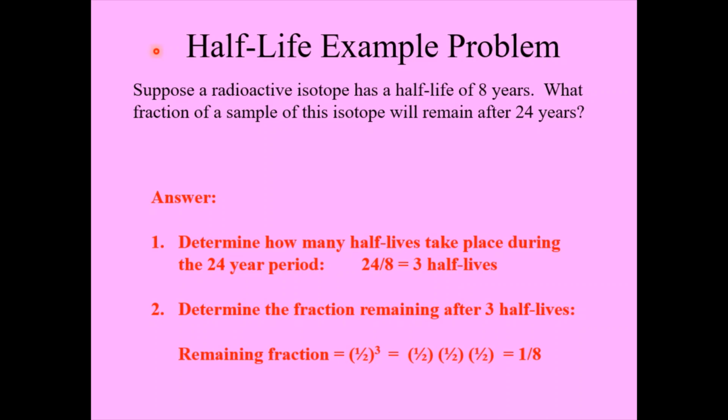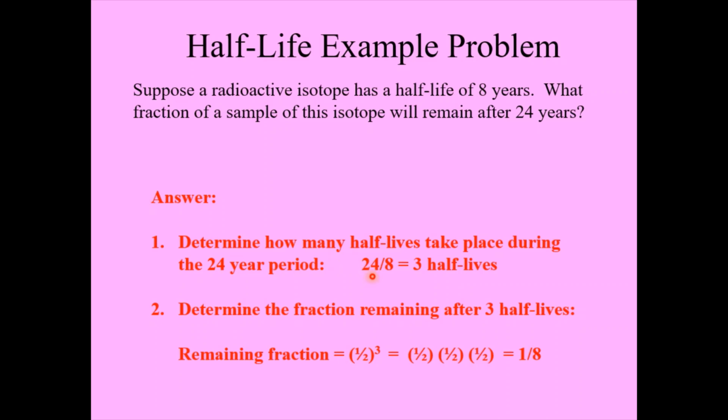So here's a half-life example problem. Suppose a radioactive isotope has a half-life of 8 years. What fraction of a sample of this isotope will remain after 24 years? So our answer, let's first determine how many half-lives take place during the 24-year period.